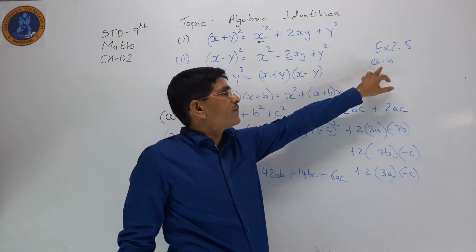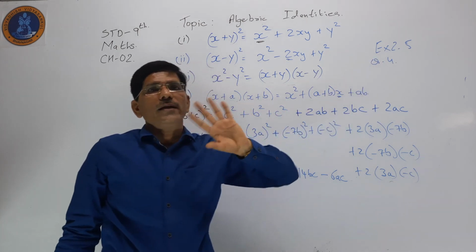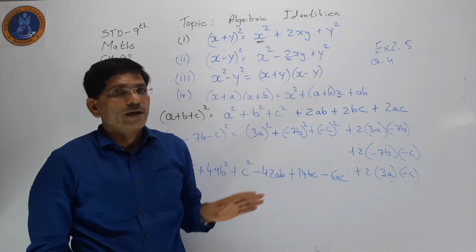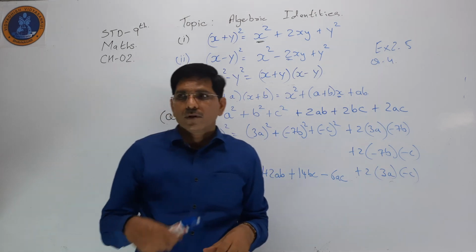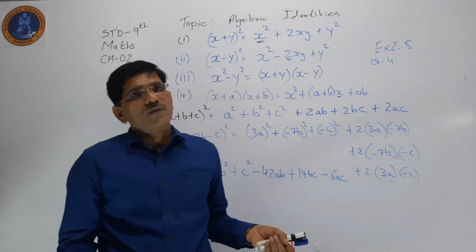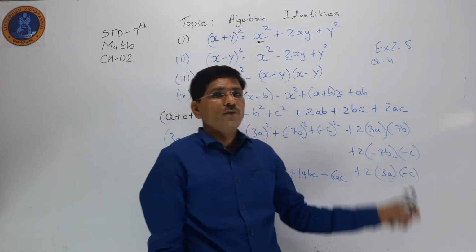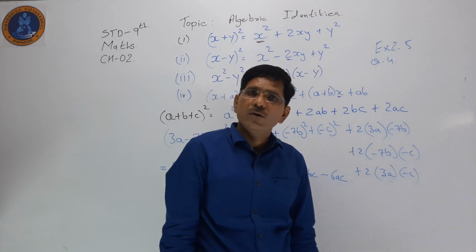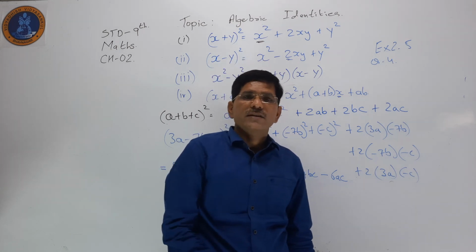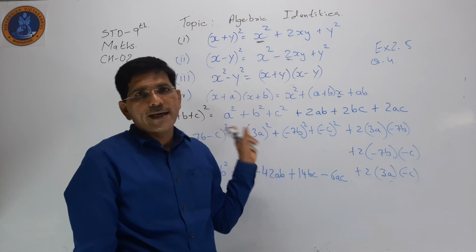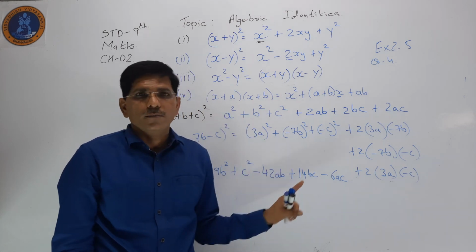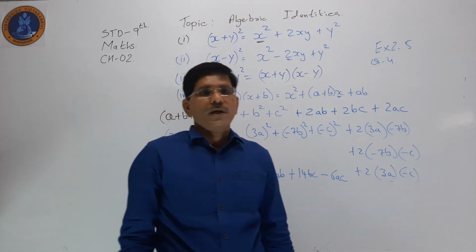So Exercise 2.4, questions number 1, 2, 3 and 4, we have to complete today. Because it is too long, 15 or 17 questions are there, so at least 4 or 5 questions per lecture we have completed. So in this lecture today we have completed the 4 identities with sums. You go through the video properly.